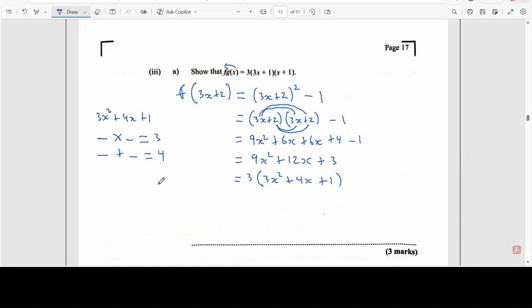What two numbers is that? 1 and 3. And then we need to split this middle term. So they're throwing an algebra question here in functions.